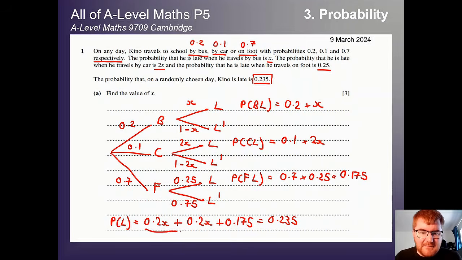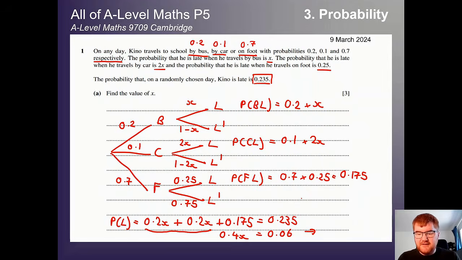We can collect up the x's, so 0.2x plus 0.2x is 0.4x. We can minus the 0.175 from both sides. All those algebra skills we've been working on, that gives us 0.06. So we want the x on its own. So the opposite of timesing by 0.4 is dividing.